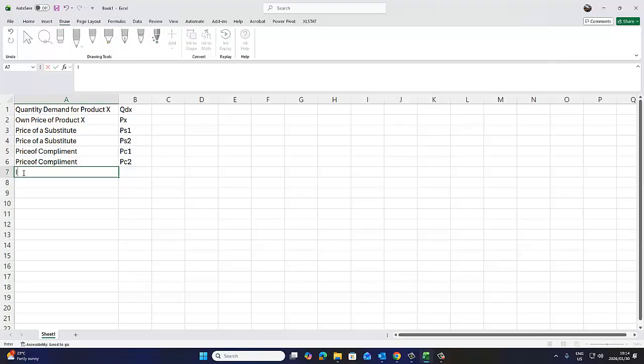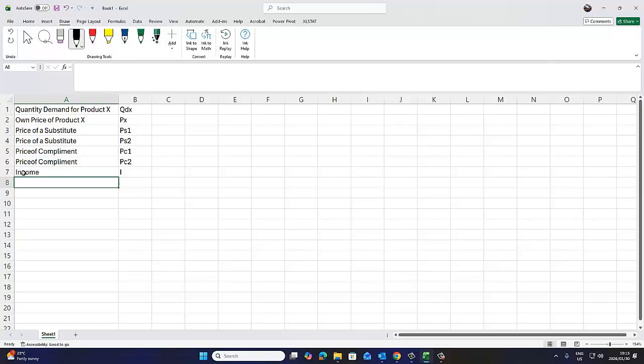demand factor is income. Let's do income as I. As income increases, you'll most probably buy more of certain goods, less of other goods, and be indifferent to some goods. If my income increases, you're not going to buy all of a sudden more bread.